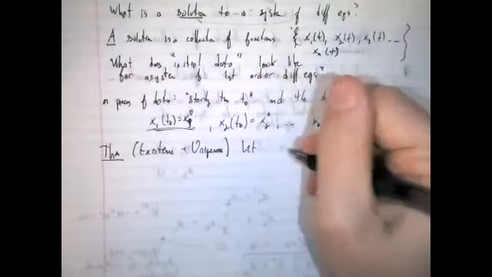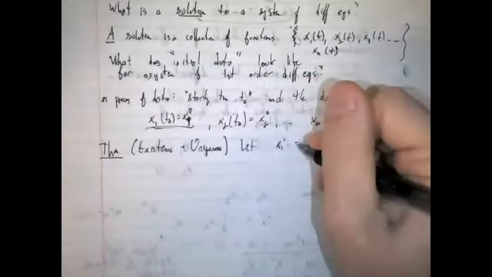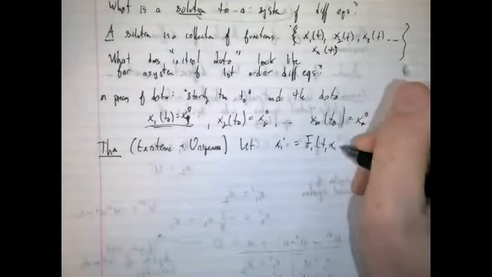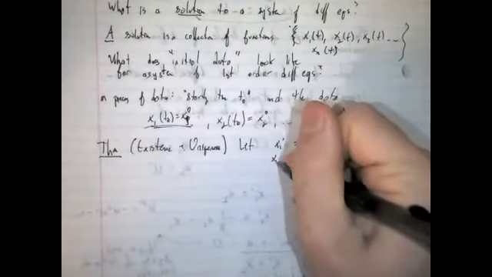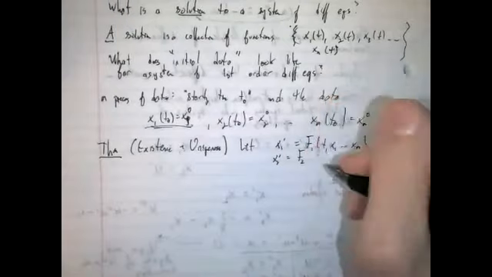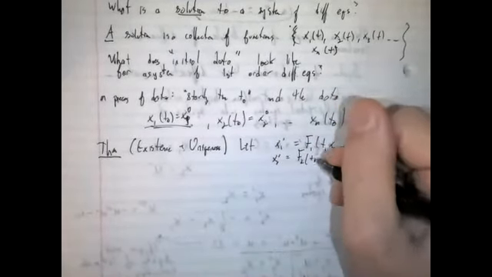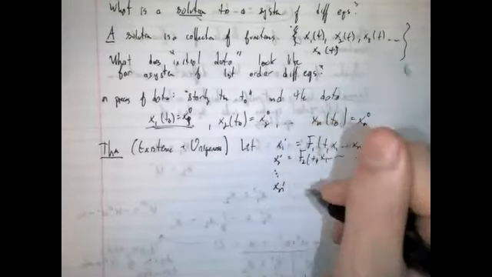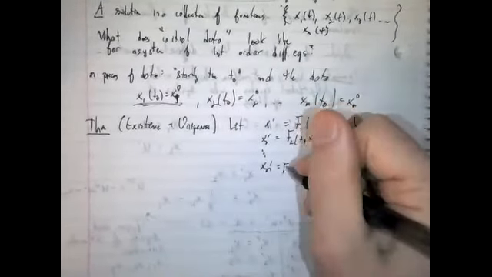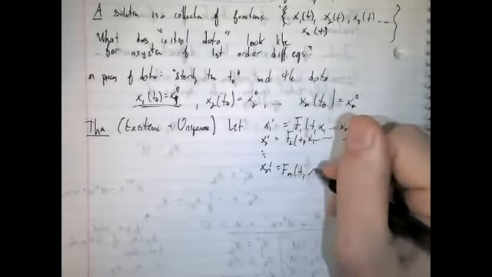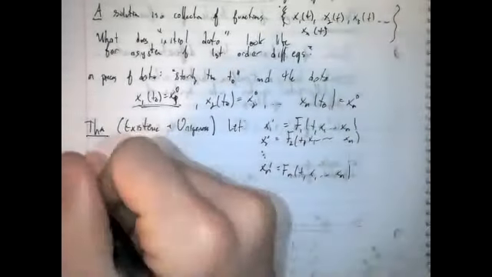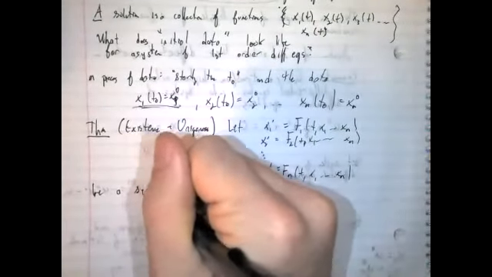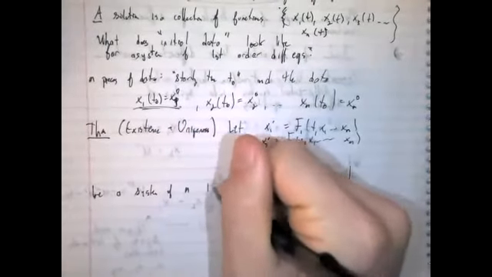Let x1 prime equal f1 of t, x1 all the way up through xn; x2 prime equal f2 as a function of t, x1 through xn, all the way down to xn prime equal fn of t, x1 through xn, be a system of n first order differential equations.